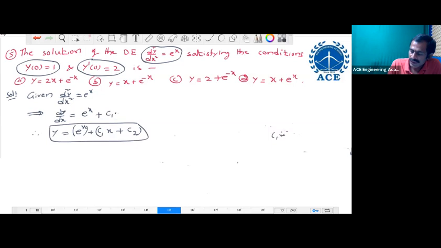Here c1 x plus c2 is yc, and e power x is the particular integral. If you find both separately, we will get the same thing. So whenever the homogeneous part contains a single term, of second, third, fourth, fifth, or any order derivative, just by integration we can write the solution like this, yc plus yp.